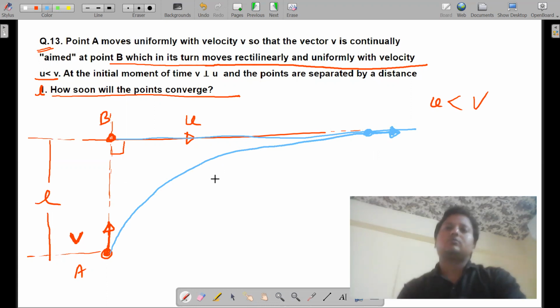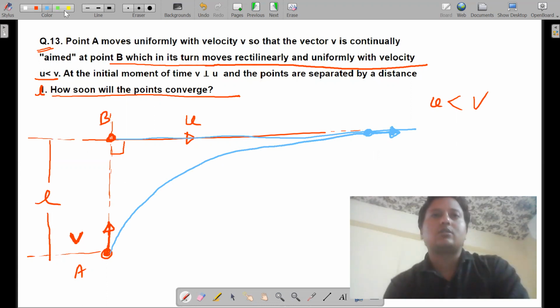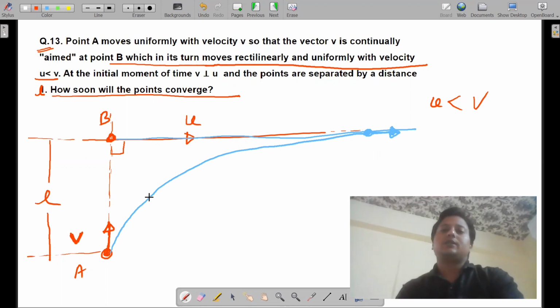So here may be an approximate trajectory of particle A. Suppose at any time t, particle A is at this point, having some coordinates, and we know the direction of v is tangential to this trajectory.